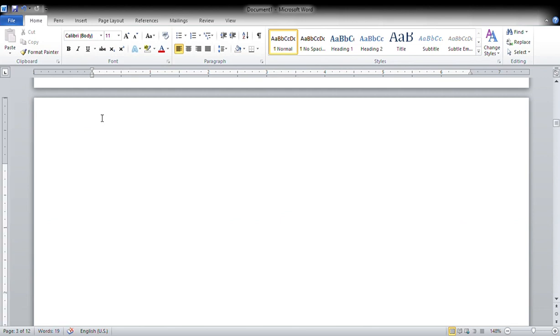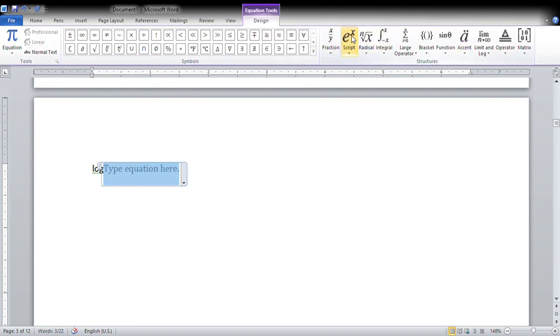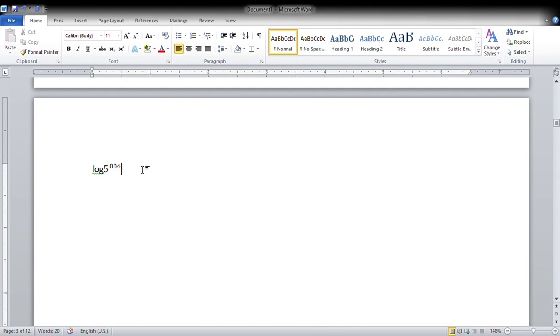Question number 2. It is given log 0.004 with the base 5 is equal to x.